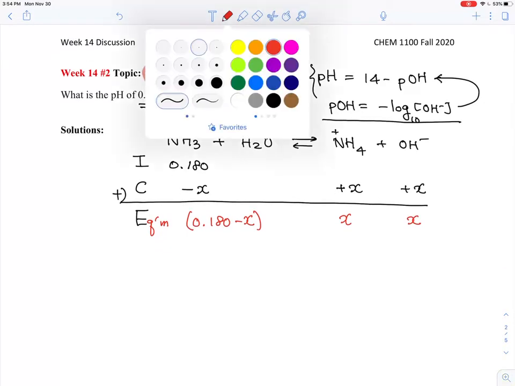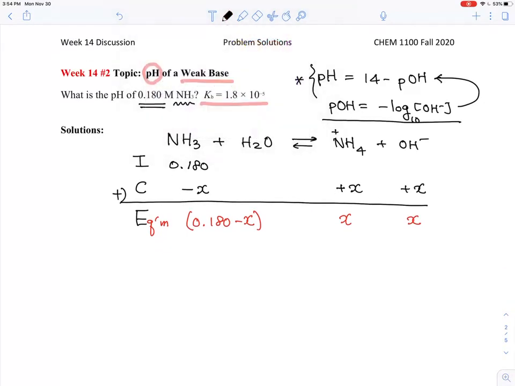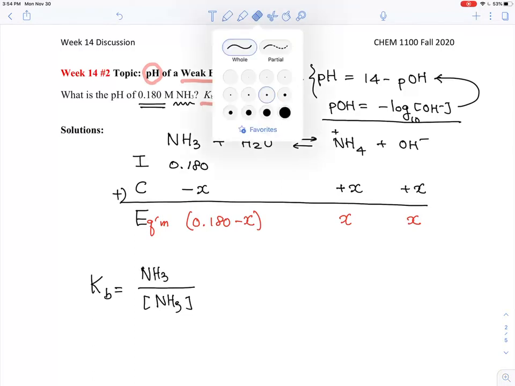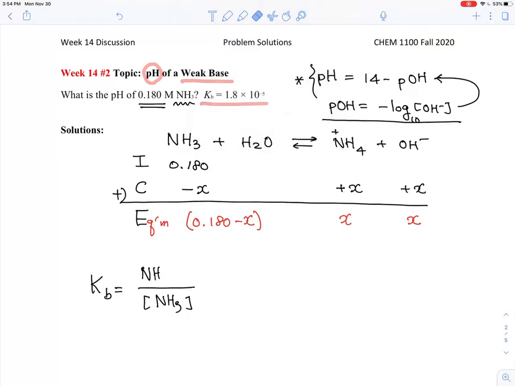So as we normally do, now we go back to Kb, which is the NH4 plus and OH minus concentrations over NH3.